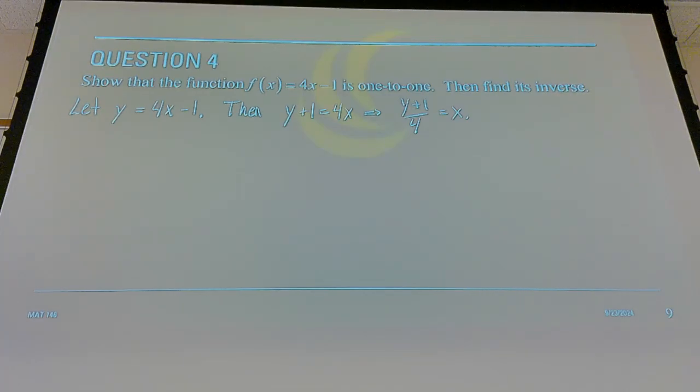Given any output, you can find its corresponding input. Now it's just a matter of flipping x and y. So that's your inverse function, x plus 1 over 4.